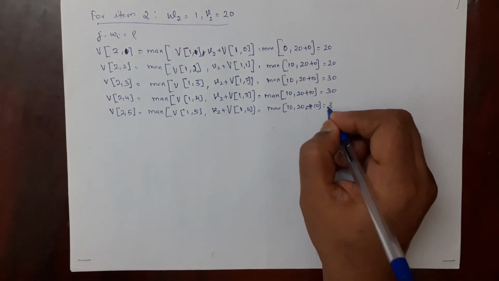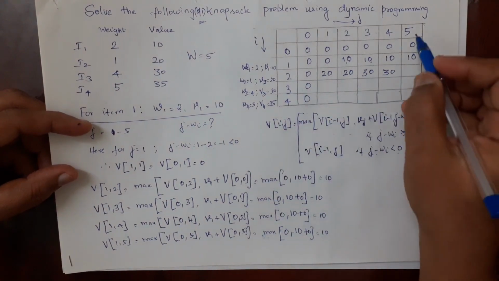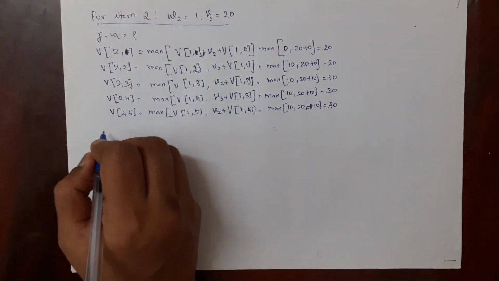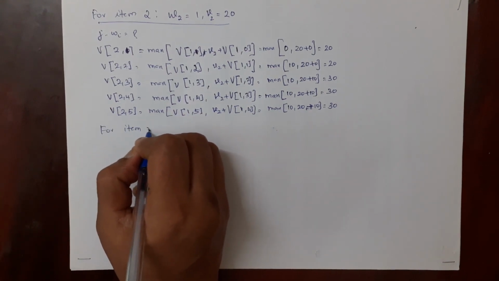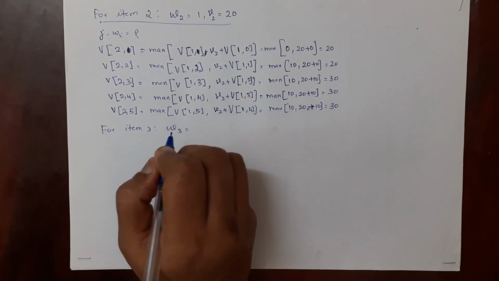Which one is maximum? 30 is maximum, so 2 comma 5 is 30. We have to fill here 2, 5, the entry should be 30.